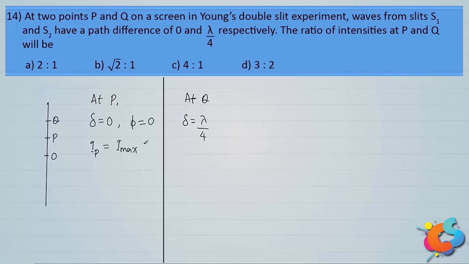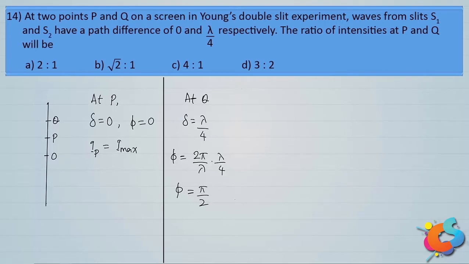So the intensity at P should be I max. Now coming to Q. At Q, the path difference is lambda by 4. Therefore, let me calculate the phase difference using the formula 2 pi by lambda into path difference, which is equal to lambda by 4. So your phase difference is just pi by 2.